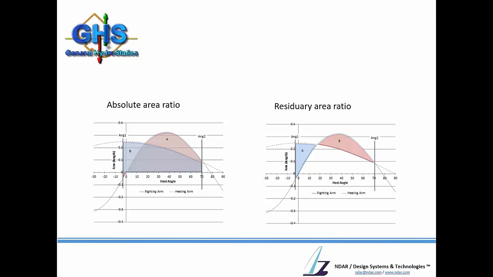And it's not that one is better than the other, it's just that we are in position with such a feature to address all types of regulations. Some are asking you to check the absolute area ratio, some are actually asking you to check the residuary area ratio.